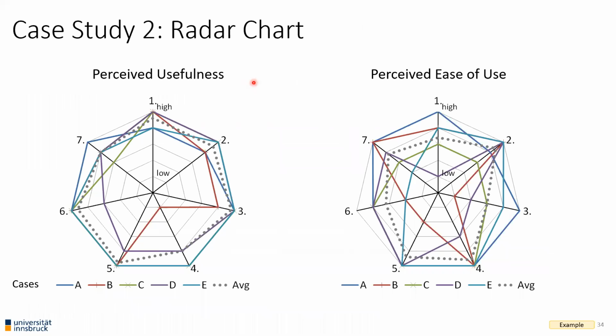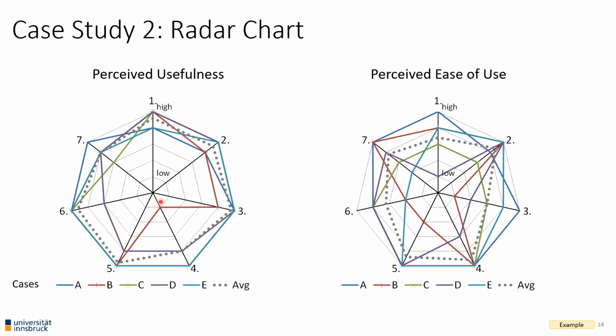Then in the second case study, we could do some kind of a visual analysis that you can see here. There we investigated the integration of risk-based testing into test processes. We defined a risk-based testing process with 7 steps, and here you see the 5 cases. Then we asked the companies with respect to their perceived ease of use of integrating risk and the usefulness of these steps.